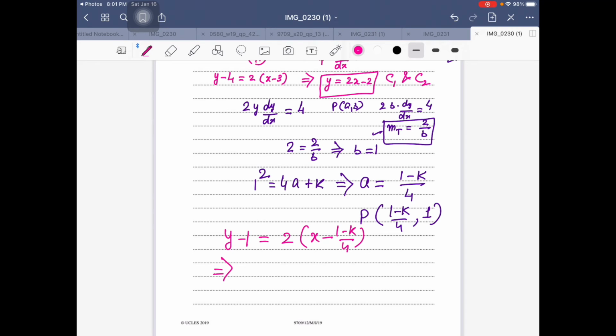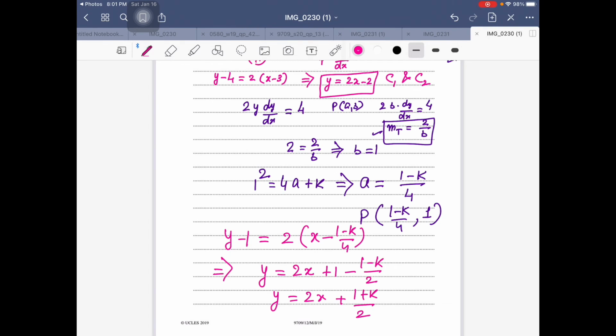Simplify, and you'll get y equals 2x plus 1 minus (1 minus k) over 2. Simplifying, you'll get y equals 2x plus (1 plus k) over 2.